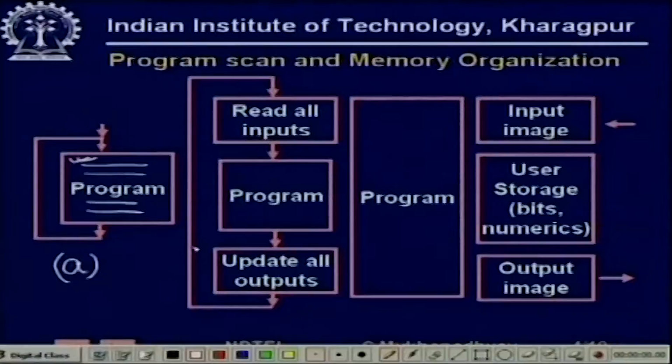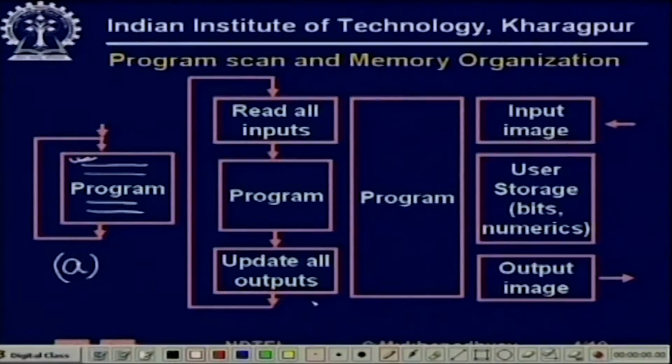So, obviously the program has to be always aware of what changes are taking place in the external world, namely the various variables that are being controlled in the machines. So, a typical program cycle includes 3 steps.